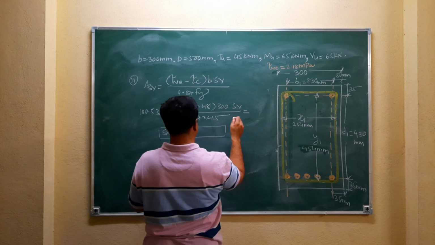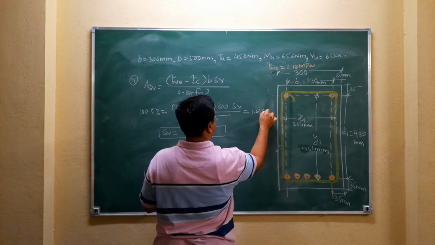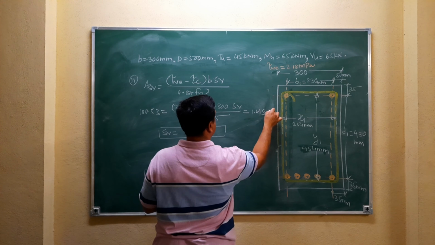This value is 1.41 SV, and finally SV is 100.53 divided by 1.41. So this value is 71.29 mm. The first value is 70.44, second value is 71.29.